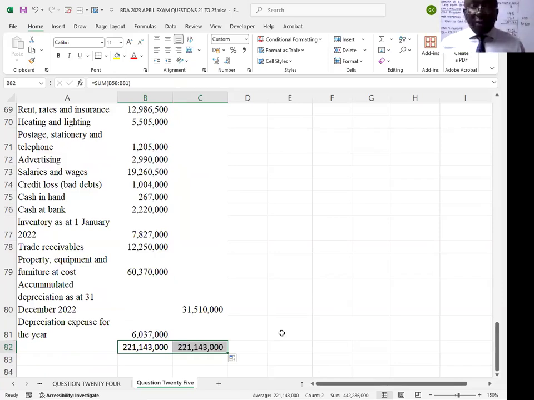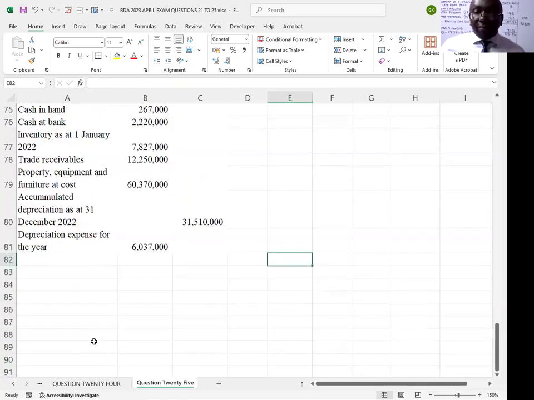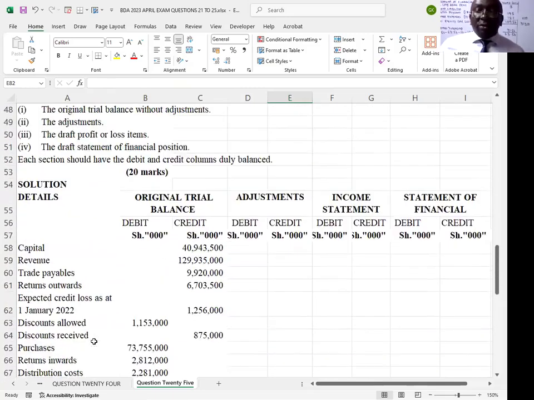So this one we don't need. We first of all delete it because there may be additional items that will come in. So we are done with that. What we need to do now is to respond to the additional information.